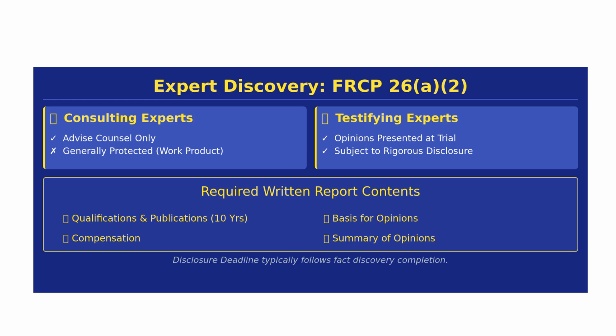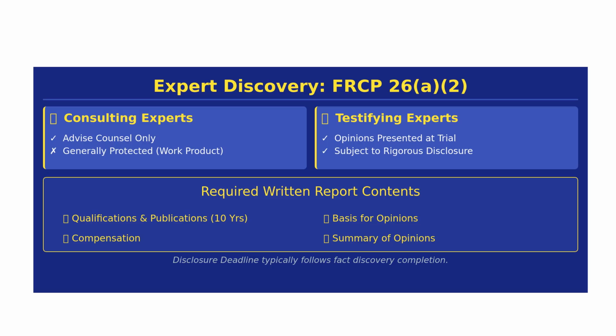Building upon those mandatory initial disclosures, we now turn to a specialized area requiring even greater rigor: expert discovery, governed by Federal Rule of Civil Procedure 26(a)(2). This rule creates a critical distinction between 2 types of experts retained in a case.